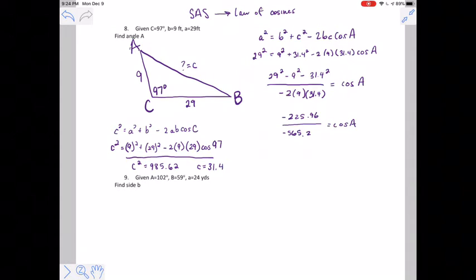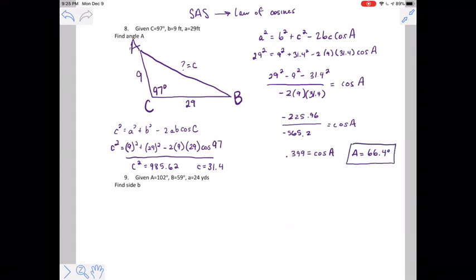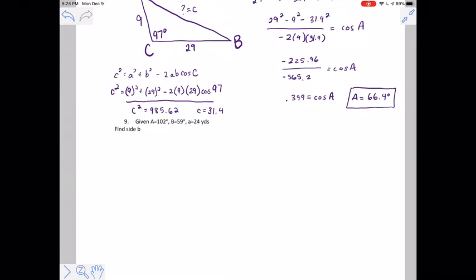That turns out to be 0.399. So a is the inverse cosine, which is about 66.4. Okay.